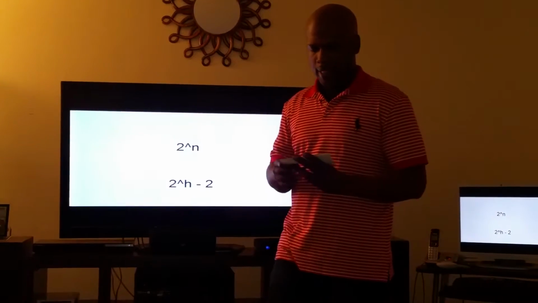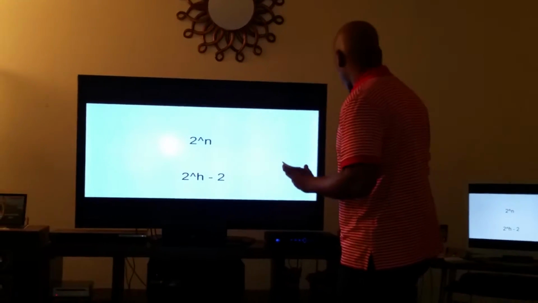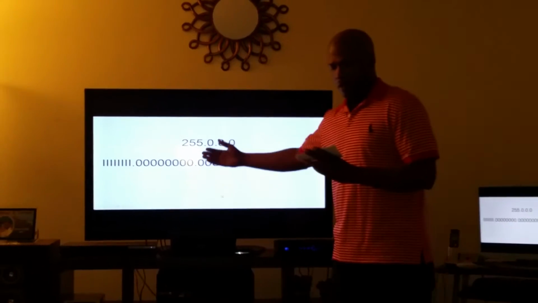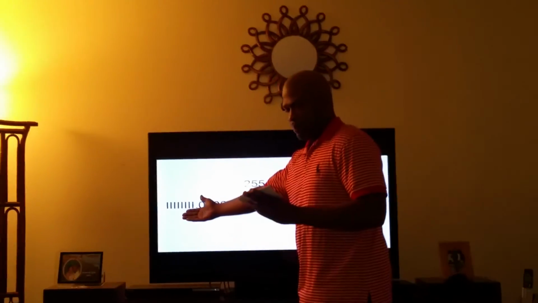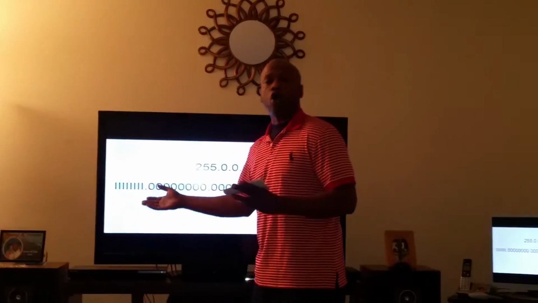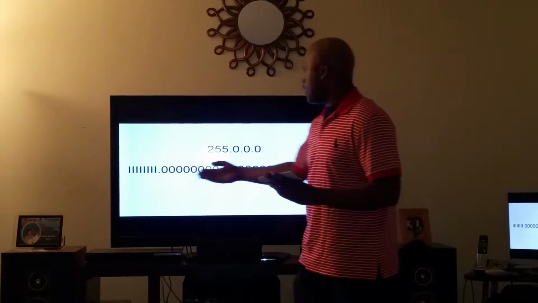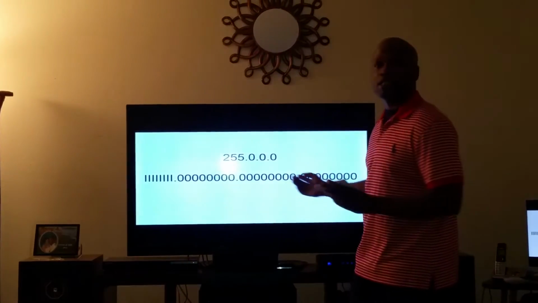A network class is identified by the bits. In a Class A, you have your first 8 bits. These 8 bits are on, and they're represented by 255 in regular numbering. And the last bits are off, and they're represented by 0.